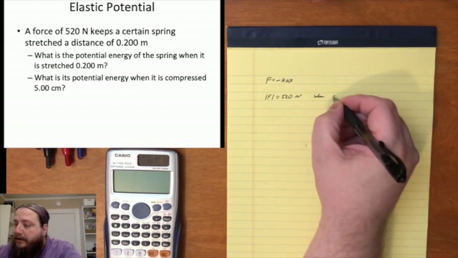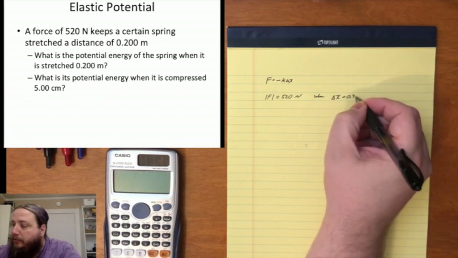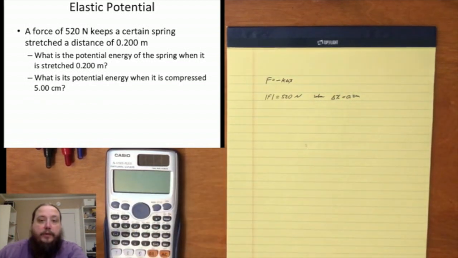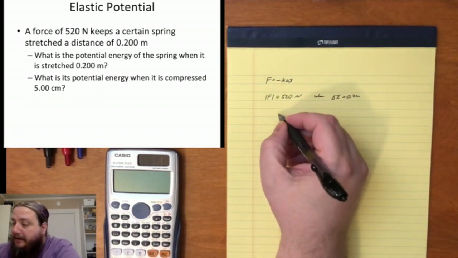When delta x, our stretch, is 0.2 meters, then we can use that to solve for the spring constant K, right?